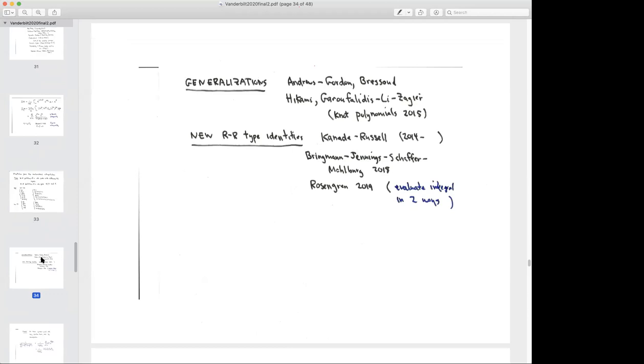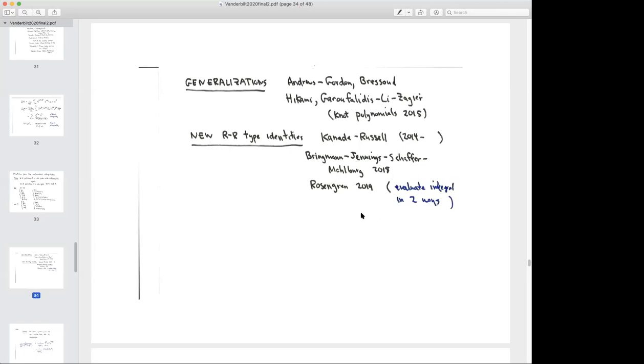Now there are many generalizations of this. There are so many things I couldn't write, just a tiny sample. And there are many new type Rogers-Ramanujan identities. For example, there are these new ones due to Kanade and Russell that have recently been proven.